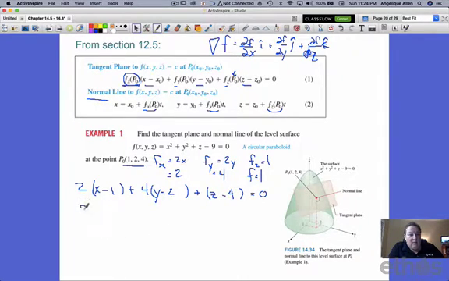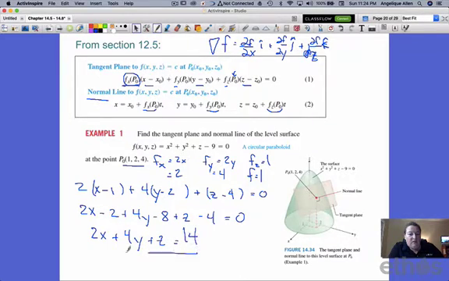Okay, cleaning this up, 2x minus 2 plus 4y minus 8 plus z minus 4. It's going to be 2x plus 4y plus z is negative 14, so moving that over is positive 14. So there's the plane. And here's a picture of what we just did. We found the equation of the plane that is tangent to this surface at 1, 2, 4.